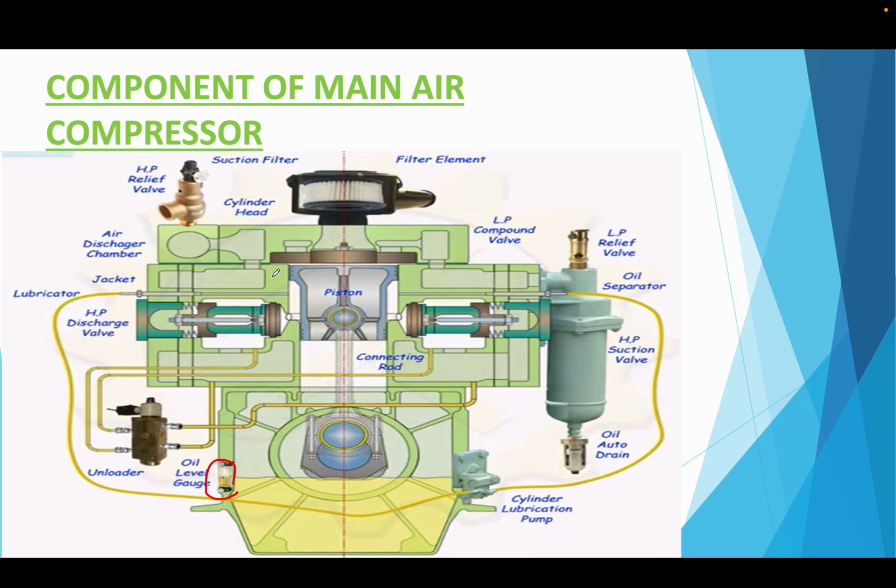Then this is the unloader, whose main purpose is to make sure that at the time of starting, the whole system is started in an unloading condition by opening the drain of the first stage and second stage, which causes the compressor to run on no load without producing any compression, causing the three-phase starting current to be lower at the time of starting the motor.